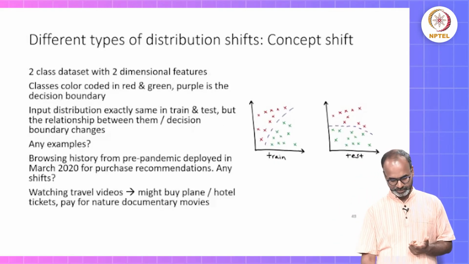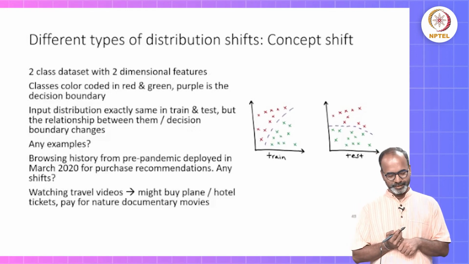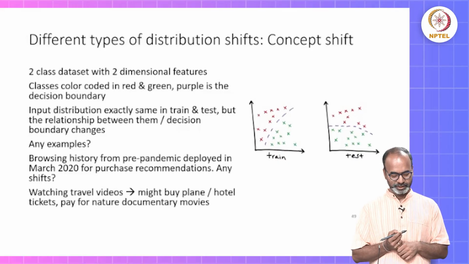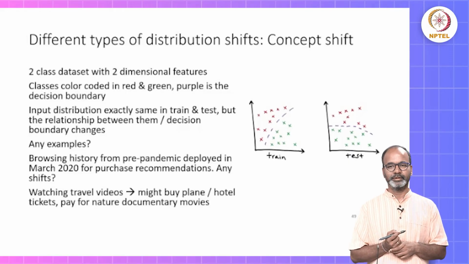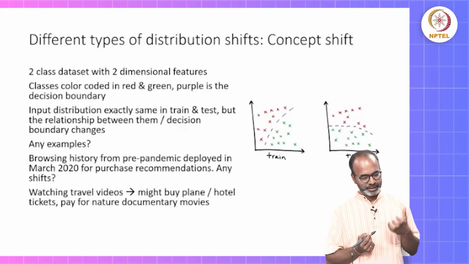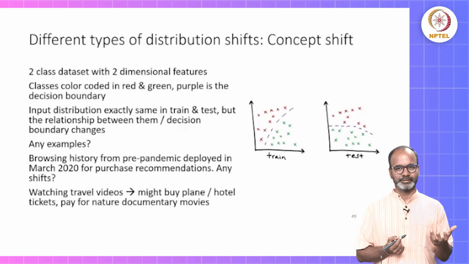I'll give you another example also. Watching travel videos would imply might buy plane, hotel tickets, pay for nature documentary movies, all of that. Is that possible? Will concept shift happen in this case also? Watching travel videos, I watched lots of travel videos.